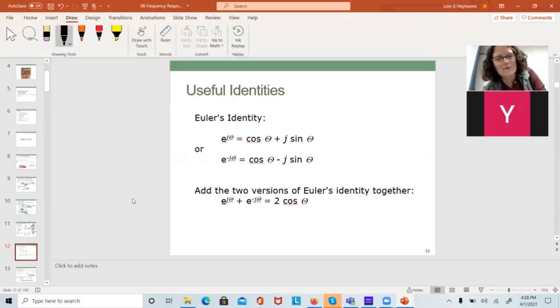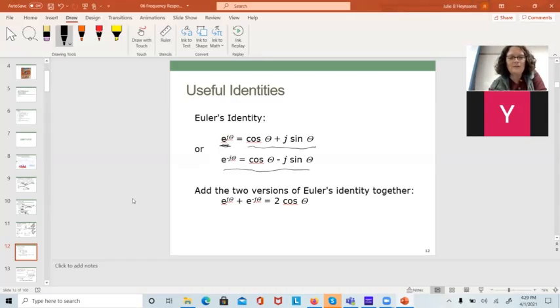Sorry. So Euler is the one who said, well, this e to the j theta is just the cosine of theta plus the square root of -1 times sine theta. And e to the minus j theta is cosine theta minus j sine theta. We killed this in 325.